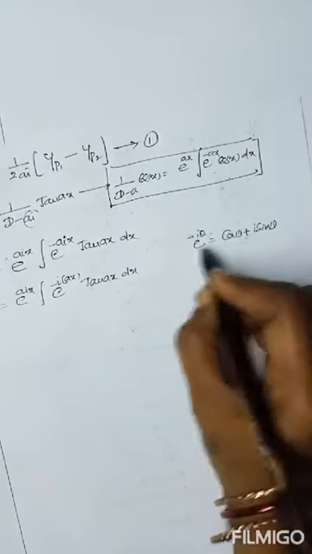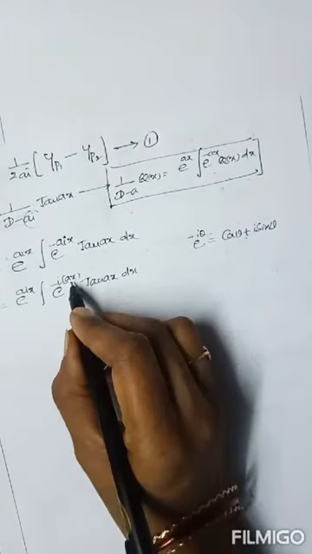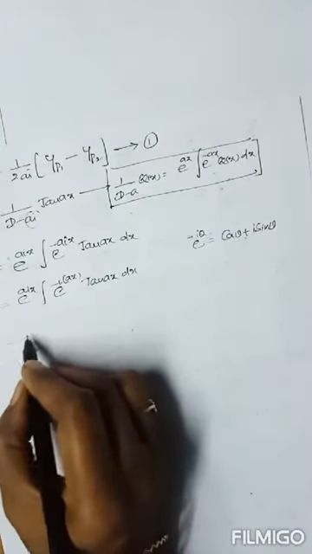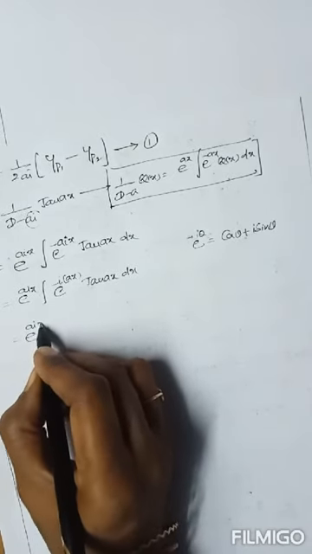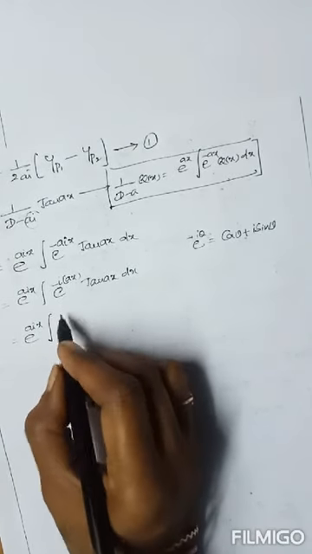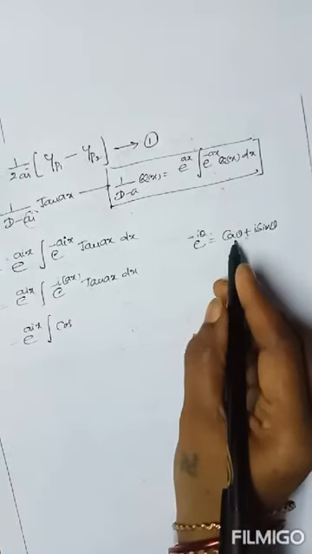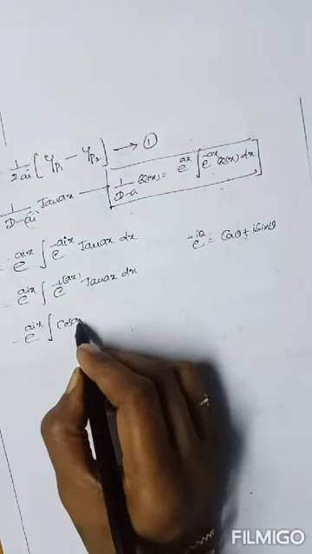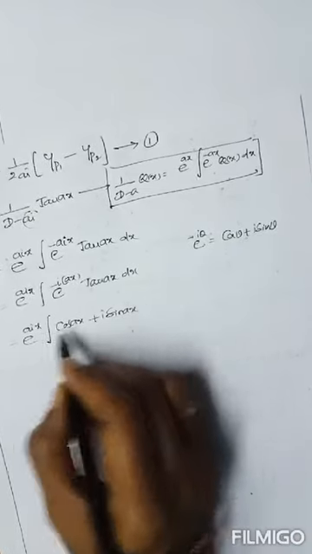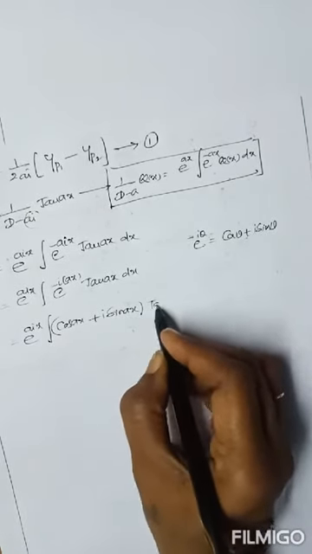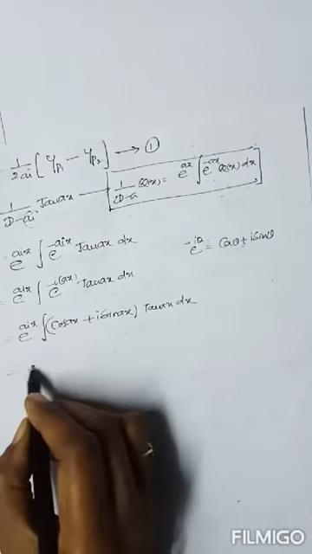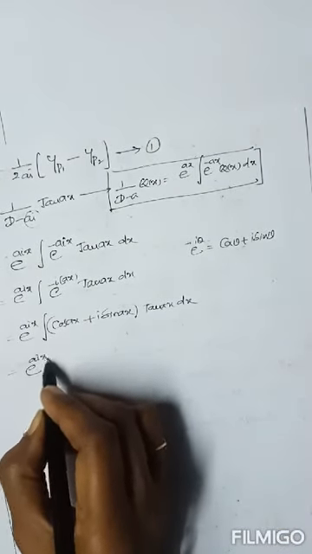By writing this in place of e power minus i theta, we will get standard integral formulas. Here theta is ax, so cos ax plus i sin ax into tan ax into dx, with e power aix.